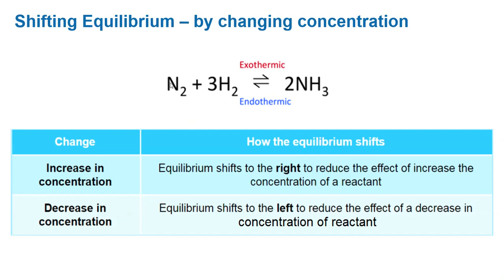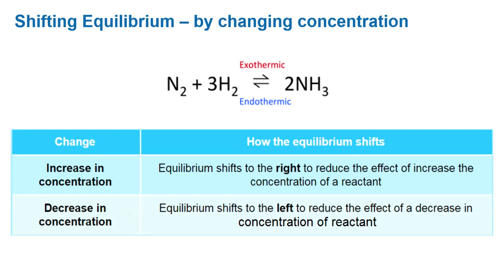On decreasing the concentration of nitrogen and hydrogen, the equilibrium will shift to the left to make more of the reactants. That means ammonia breaks down to nitrogen and hydrogen, making less product.